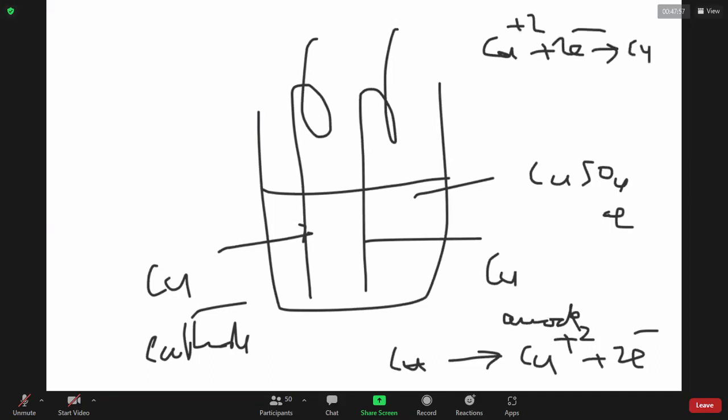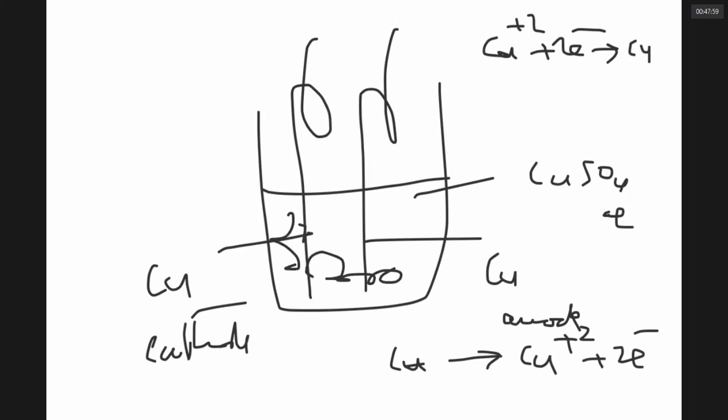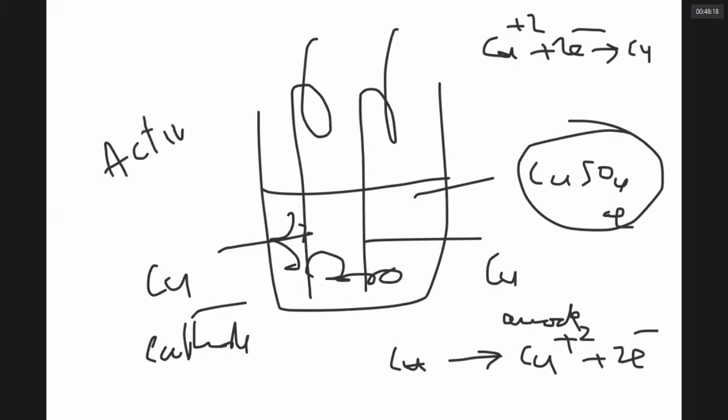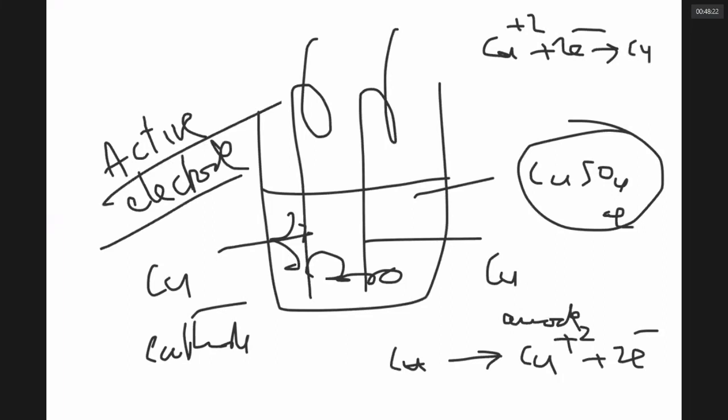The copper sulfate solution will allow the movement of ions. Now, if you pass current for 1 hour, the concentration of copper sulfate always remains same. Because in one end, copper is getting dissolved, in another end, copper is getting deposited. It means some reaction is happening at both the electrodes. Hence, they are called active electrodes. Notice, whenever I am using active electrode, always at anode there is oxidation.